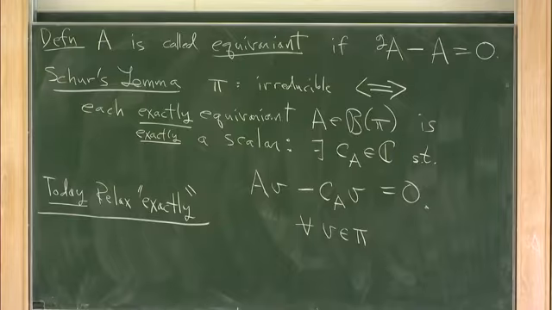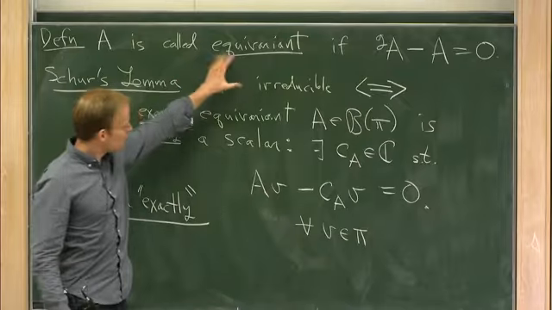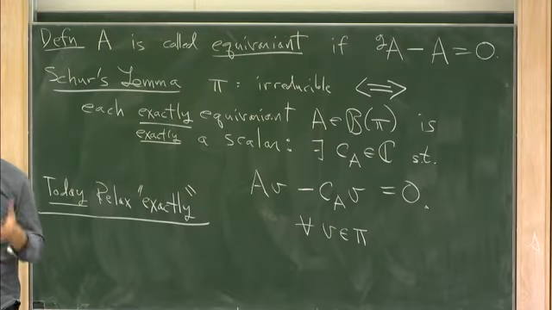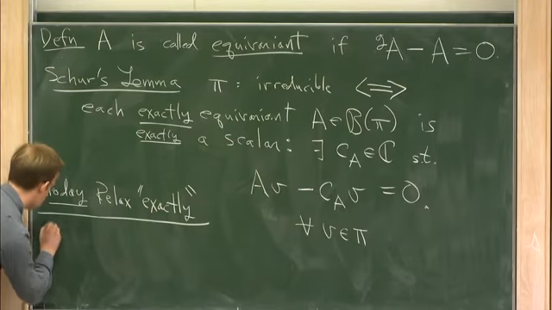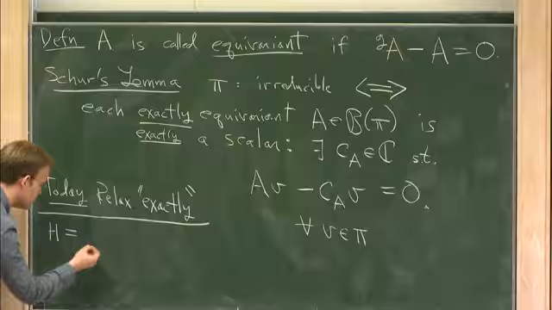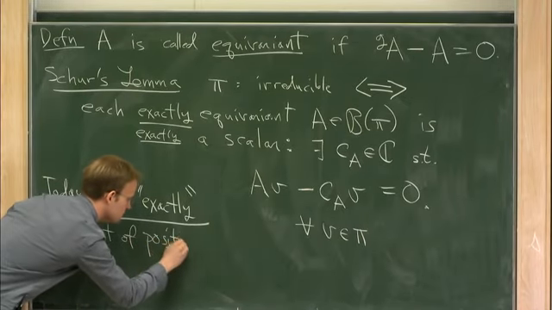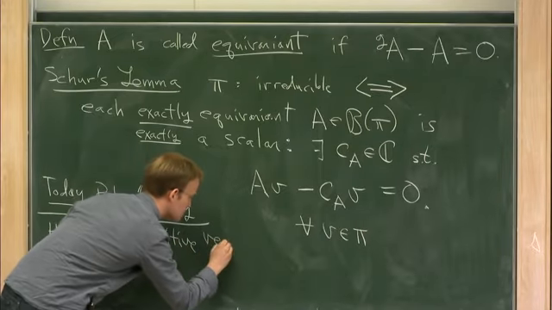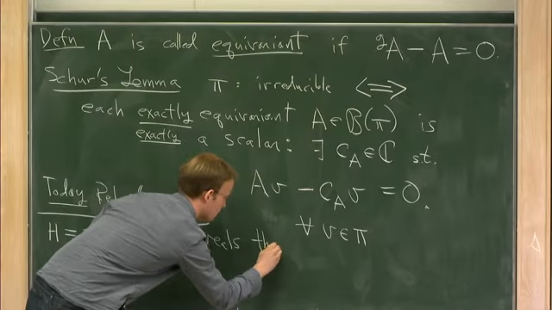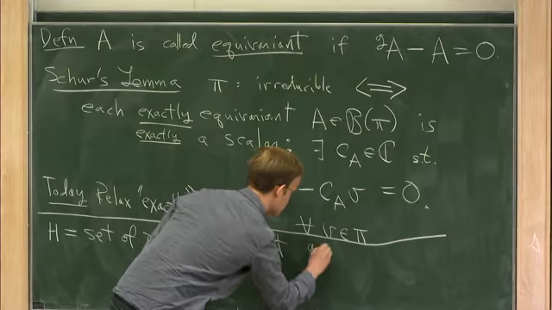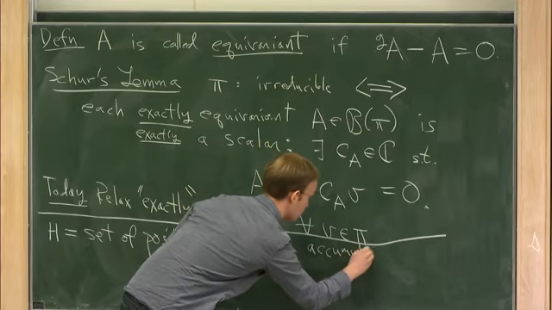So with that motivation, let's start introducing some notation. In order to talk about, say, relaxing the phrase exactly, for instance, to the phrase approximately, it's best to consider a sequence of things. So I'm going to work with a subset, I'll call it capital H, a set of positive reals. We can take it to be a countable set if you like. And they'll be assumed to accumulate at 0.